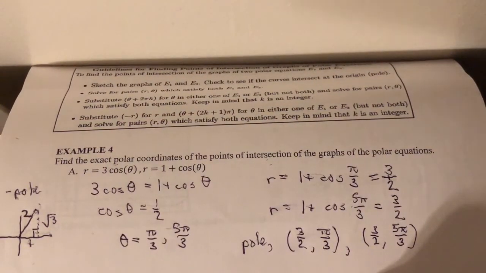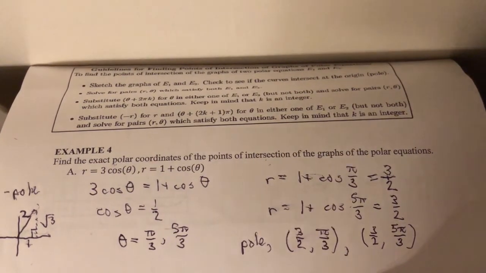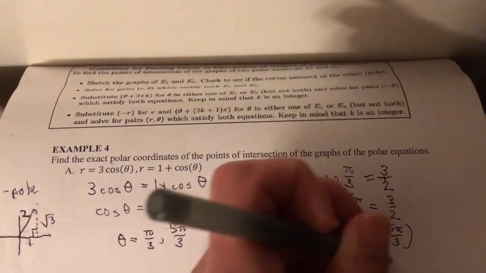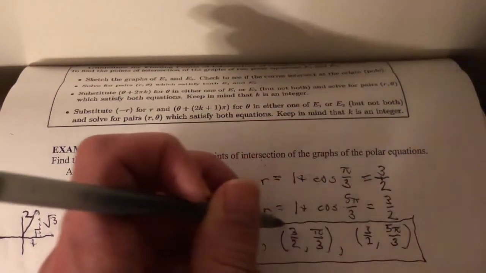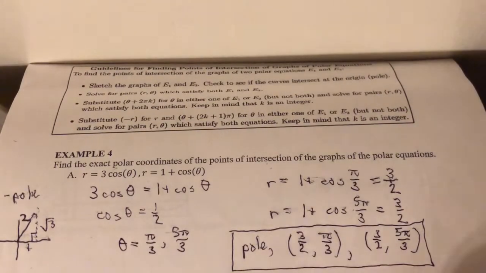So we've got our 3 points of intersection: the pole, 3/2 comma pi over 3, and 3/2 comma 5 pi over 3. So I can box these off. And let's see if we want to check our answer.